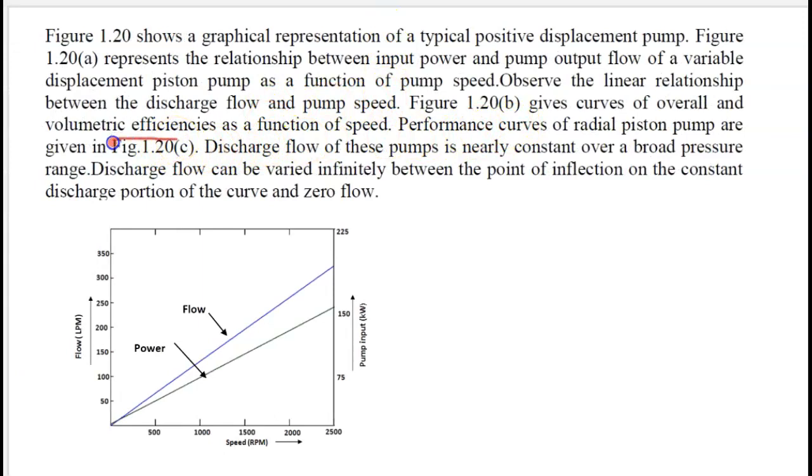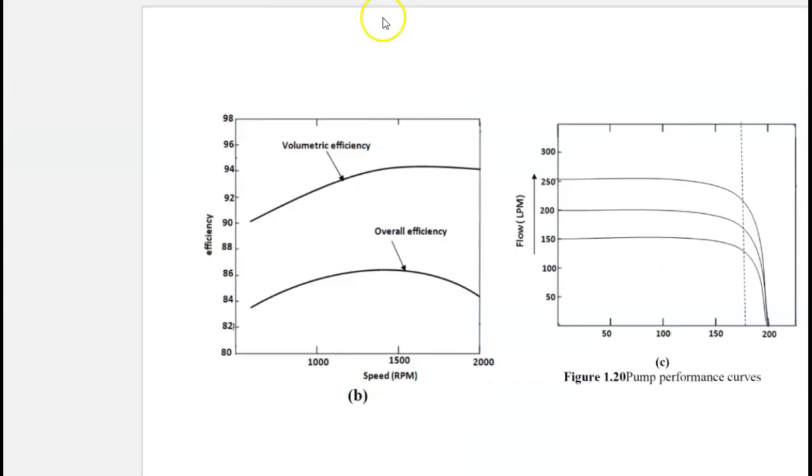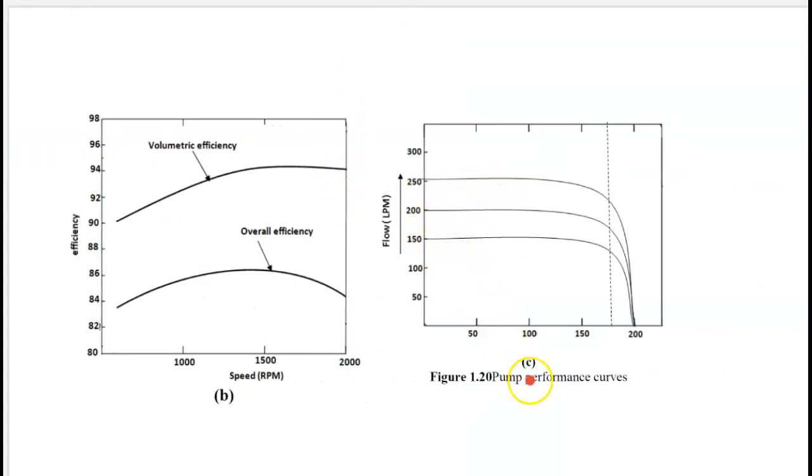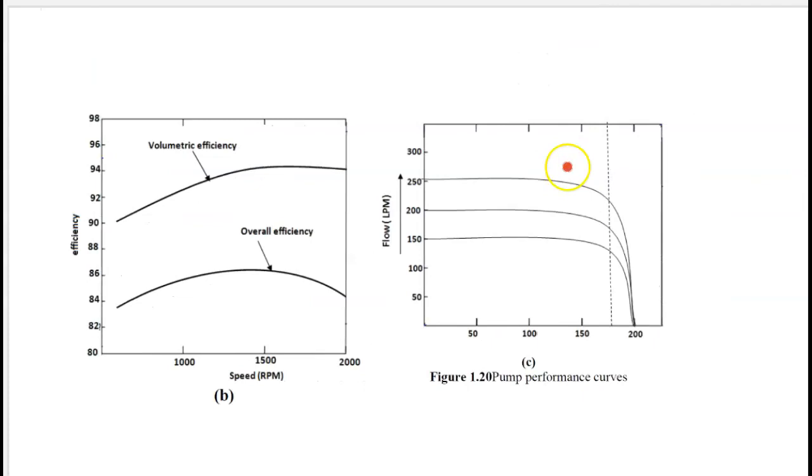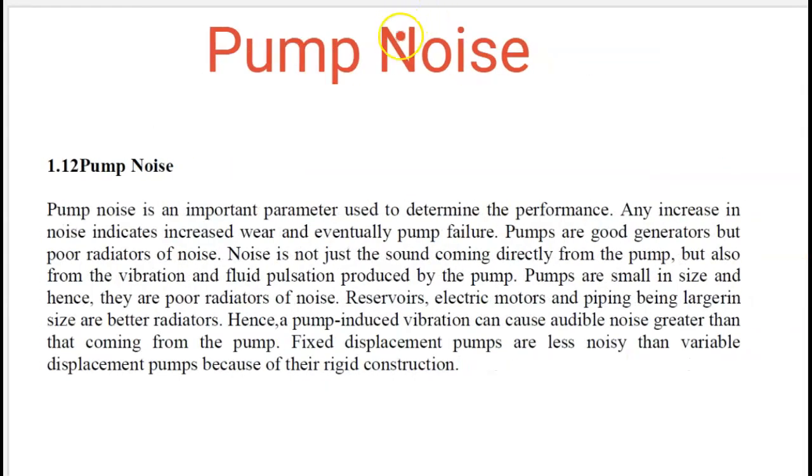And if we have a look at figure C, on the y-axis we have the flow, and on the x-axis we have the discharge. It can give you an idea about the flow rate and the discharge characteristics. So these are the three performance curves that we need to have a look at.